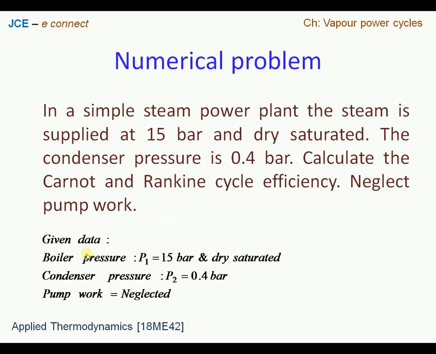So in the given data the steam is supplied at 15 bar, which means the boiler pressure is given to us. The boiler pressure here we are noting as P1, which is 15 bar, and it is at a dry saturated condition, which we very well understand, since on a TS diagram we have the saturation dome.